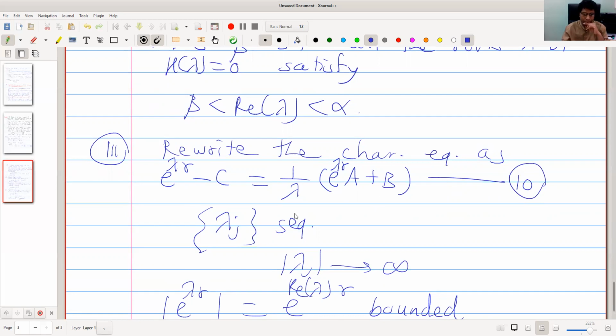All these are solutions, meaning this equality is satisfied. If we put lambda equal to lambda j, then equation 10 is satisfied, and as we go on, the right hand side is tending to 0, meaning we are approaching a root of e raised to lambda r minus c along this sequence. So there should be another sequence lambda j dash of roots of the equation e raised to lambda r minus c equal to 0, such that lambda j dash is approaching lambda j.